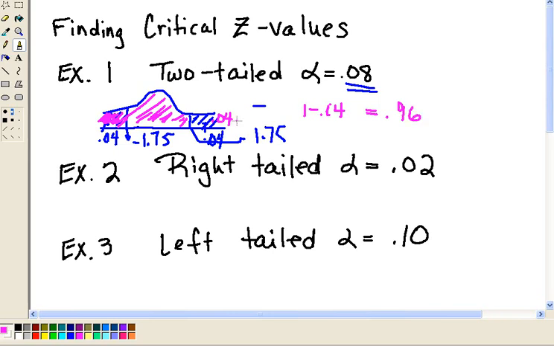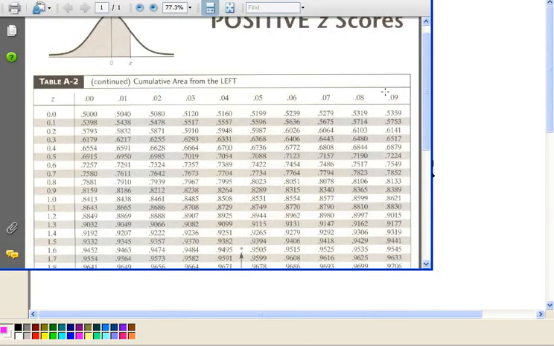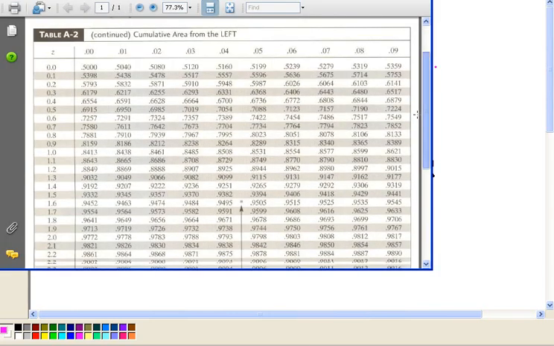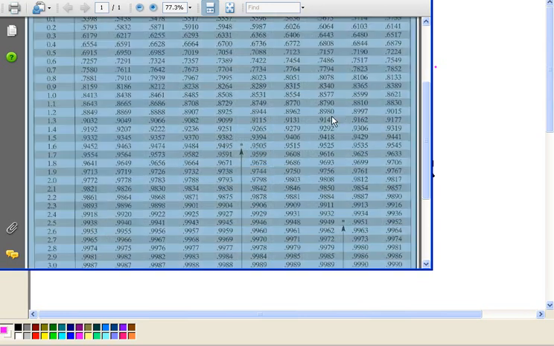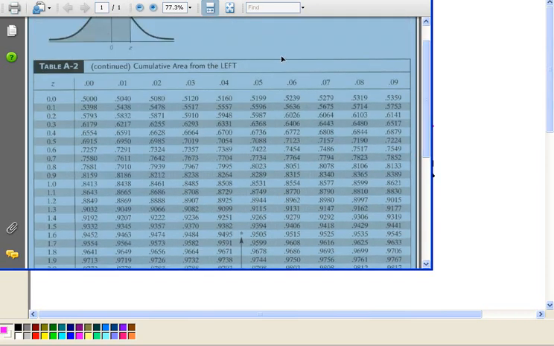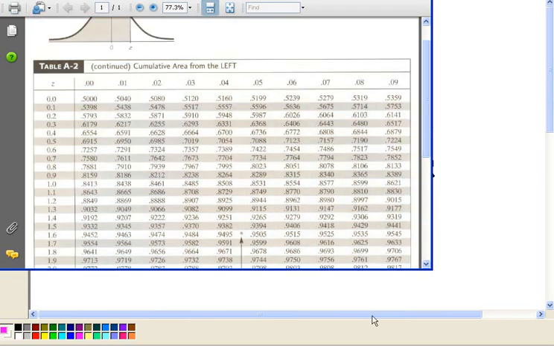So now I'm going to look up 0.96 in my table. I go to the positive chart and look for the closest I can to 0.96. I see right here I have a 0.9599. If I look to the left, that gives me the first 2 digits, 1.7, and looking at the top of the column, it would be 1.75.